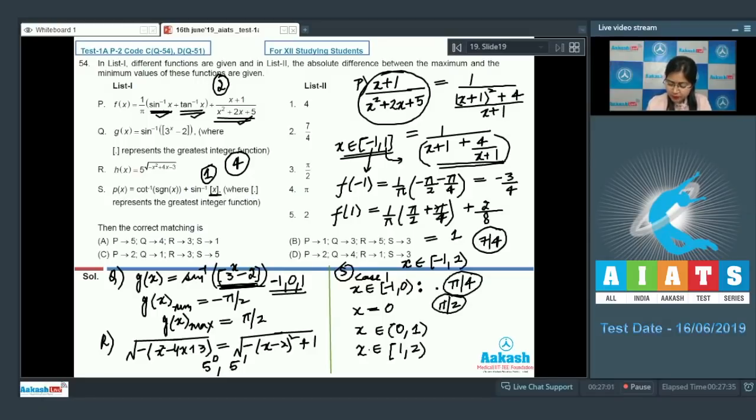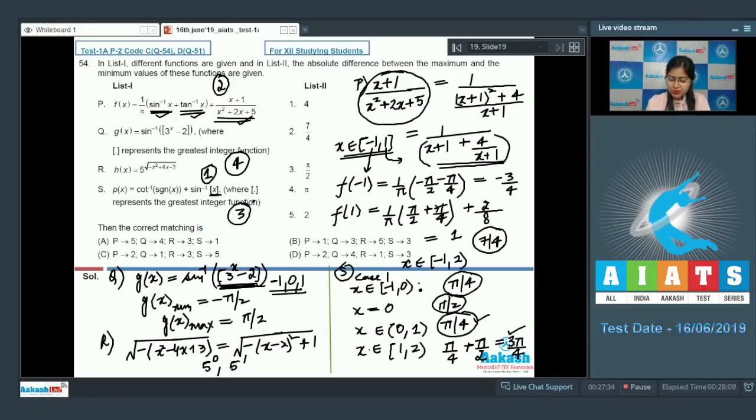For 0 to 1, the second term will again be 0 and the first term will be cot inverse 1, that is pi by 4. And for x going from 1 to 2, it will be pi by 4 plus sine inverse 1, that is pi by 2. So the maximum value is 3 pi by 4 and the minimum value is pi by 4. So its difference will be pi by 2. So the correct answer will be option number 3.